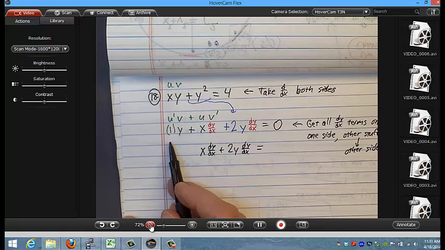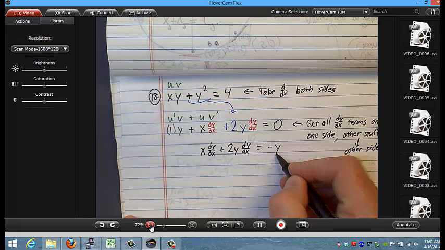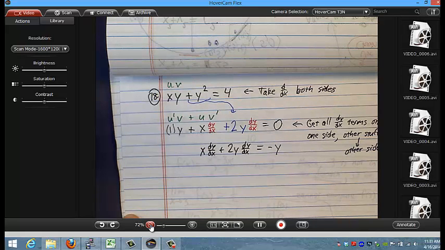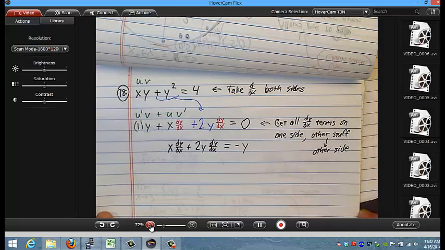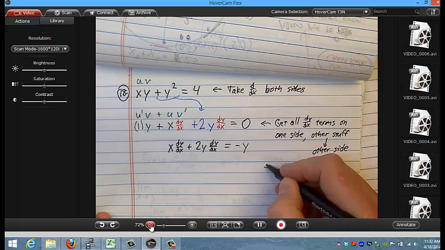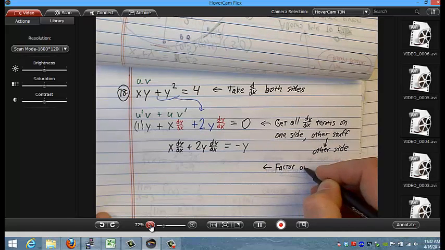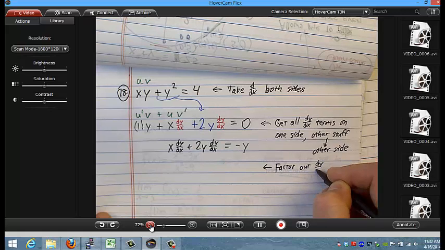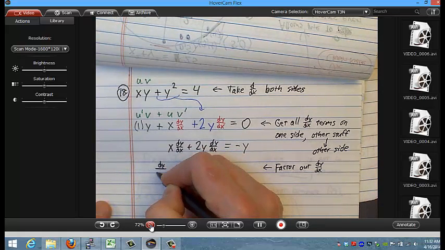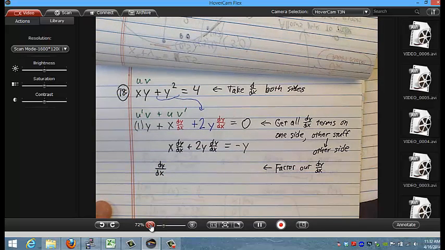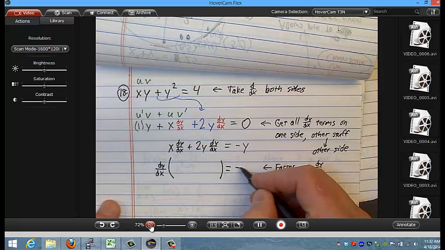But I want to move that y over to the other side, so it becomes negative y. Okay, next. I'm going to factor out dy dx. You see, if you put everything else on the other side, then you can take dy dx out as a common factor.